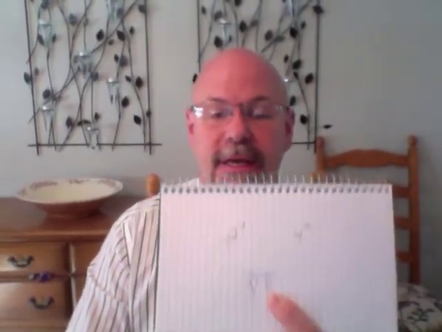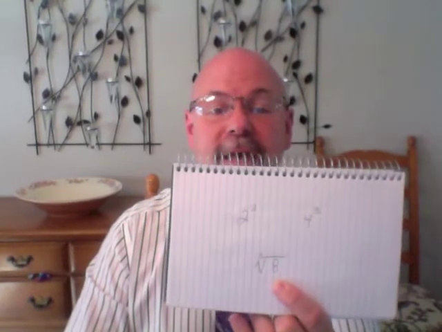And again, the cube root of 8, I'll write that one down as a quick example. The cube root of 8, which is right here, is equal to 2, because 2 times 2 times 2 equals 8.